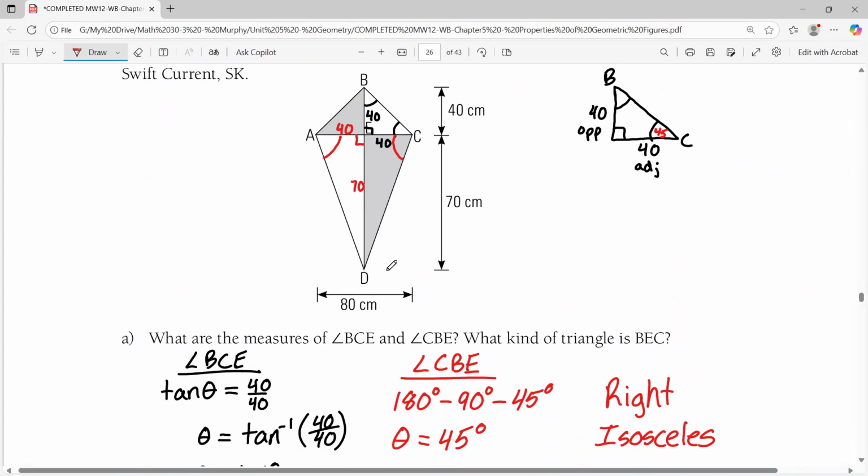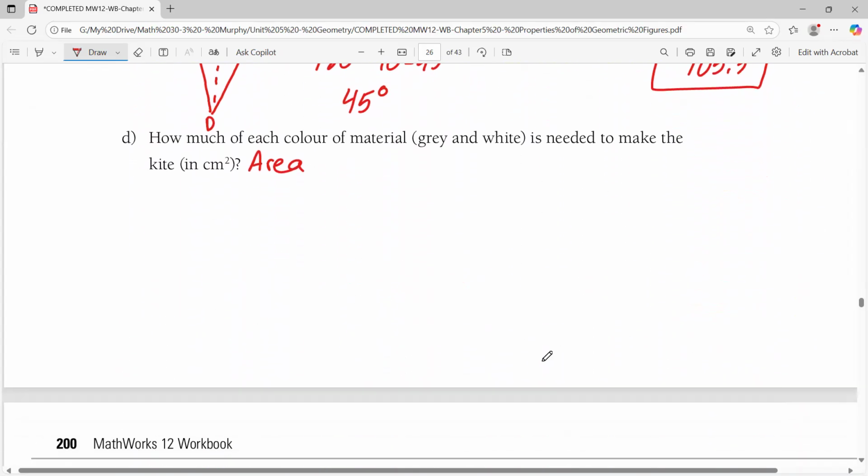Okay, so what I'm going to do is just redraw it really quickly. Okay, so this was gray, white, white, and gray.